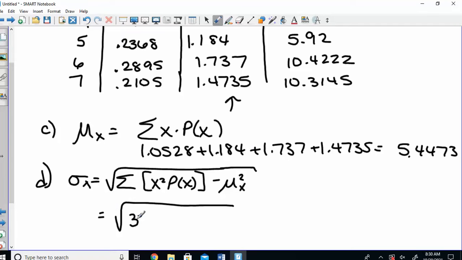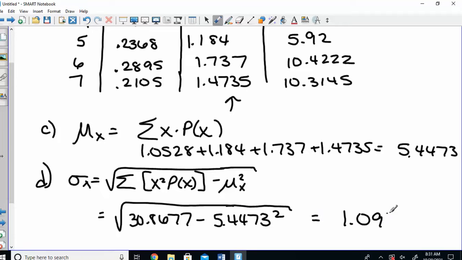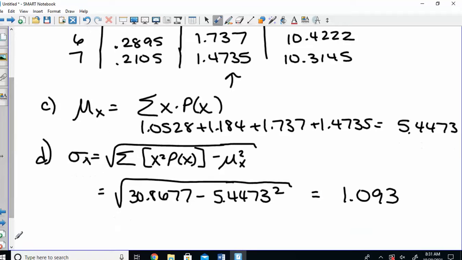So the sum of the x squared p of x, you add up your final column, and that turned out to be 30.8677, minus the mean, which we found on part C, squared, and we get 1.093. Alright, so if you've made that table, you've already done all the hard work. Then it's just a matter of adding some things up and plugging in your formula. Are we okay with that?